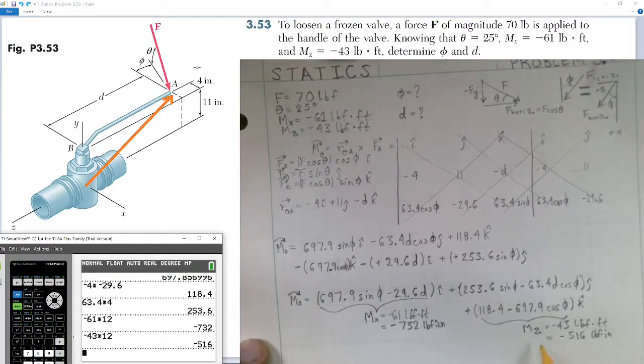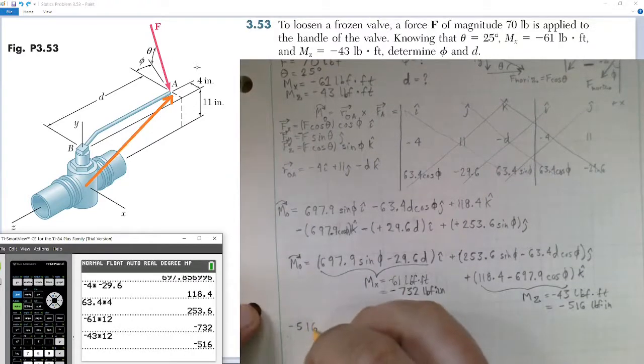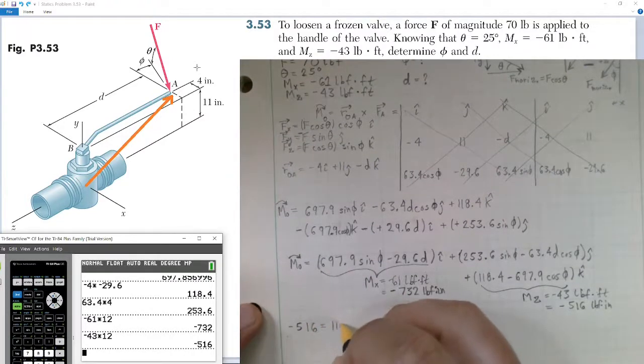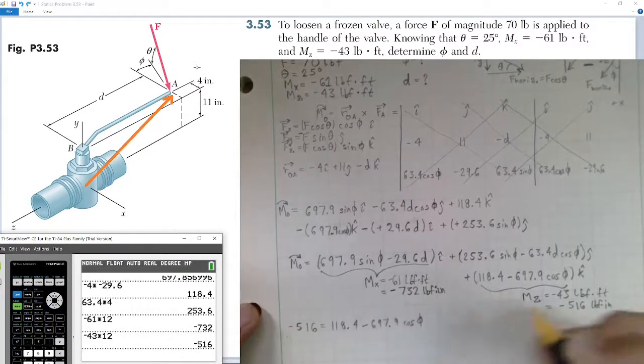So now we can equate these two components of the moment together, the moment about the x and the moment about the z, to determine our variables phi and d. Notice this equation has two unknowns. This equation only has one unknown, so we're going to solve the moment about the z first. So I would write negative 516 equals 118.4 minus 697.9 cosine of angle phi.